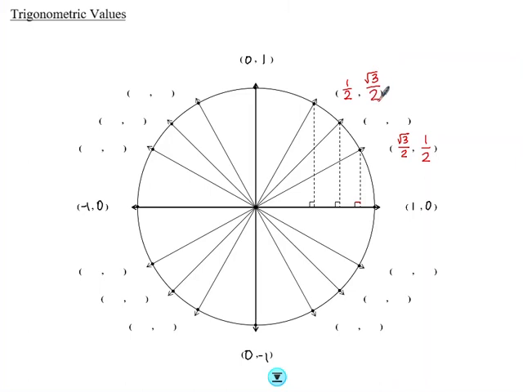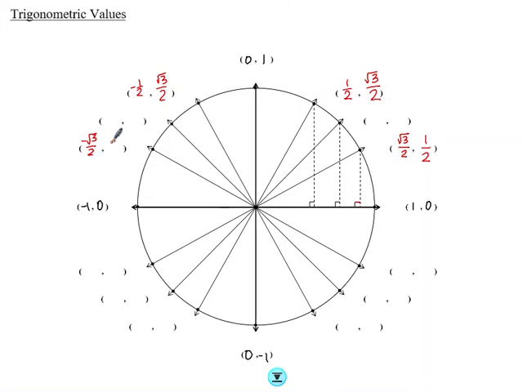So we're going to continue around the unit circle looking at the multiples of 30. Our next angle, if we drew the right triangle in, the x value would be negative 1/2. The y value is square root of 3 over 2. If we skip to the next multiple of 30, the x value is the long leg, so that's negative square root of 3 over 2.